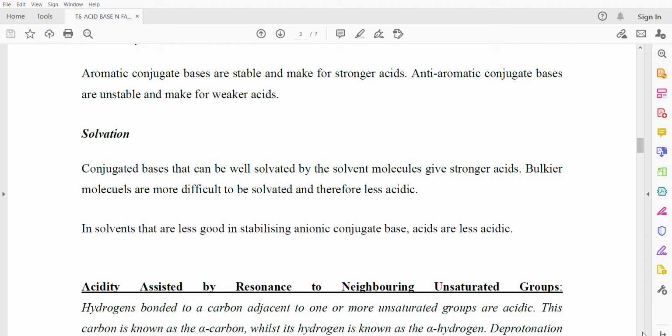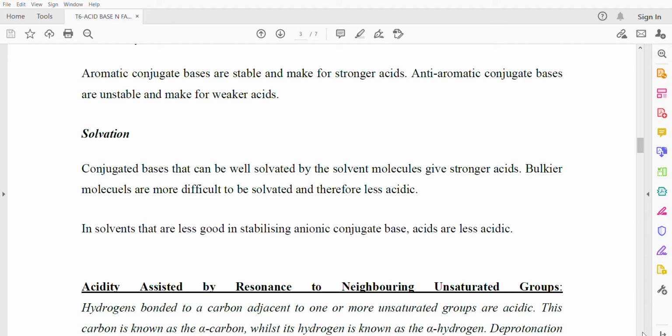They will not be naked to combine again with the proton. The negative terminal will cage or solvate the positive cation, and the positive terminal will cage or solvate the negative anion. So conjugate bases that can be well solvated by solvent molecules give stronger acids.